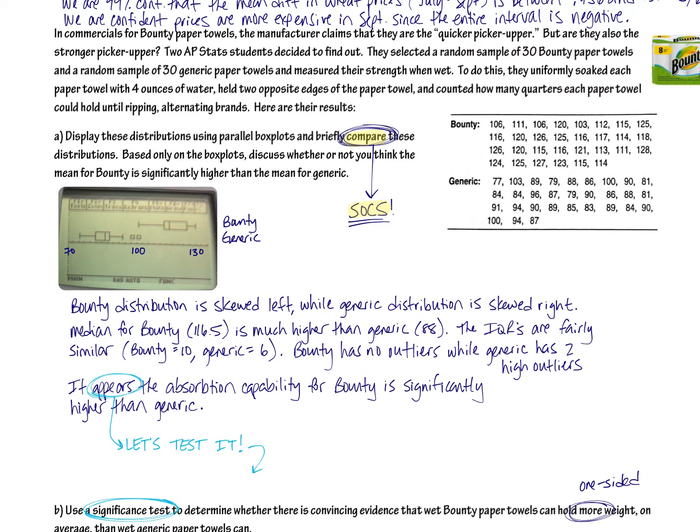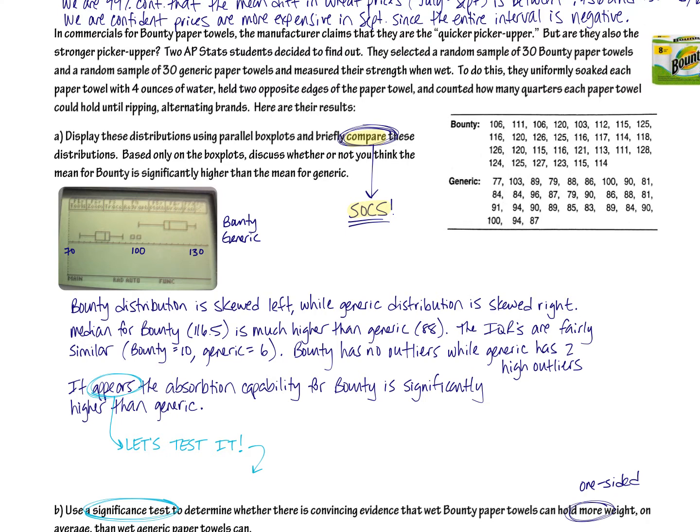Again, you can do that in one variable statistics. This is a very thorough yet concise response that gets full credit because you're mentioning SOCS, you're using context, meaning Bounty and generic and capacity, capability, absorption, whatever. You're talking about the paper towels in your response, and you're using comparative language: higher, similar, while, compared to, that kind of thing.